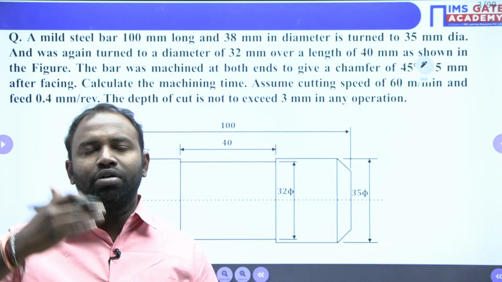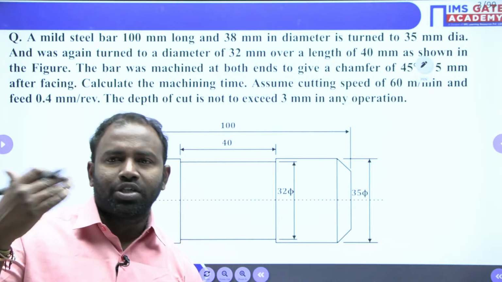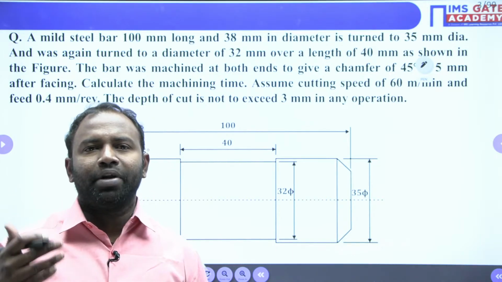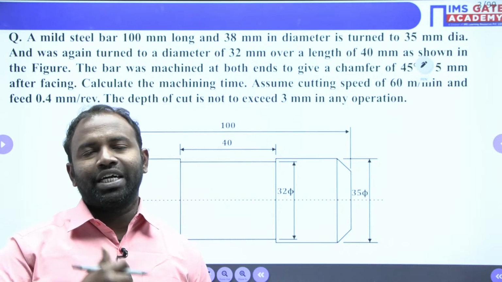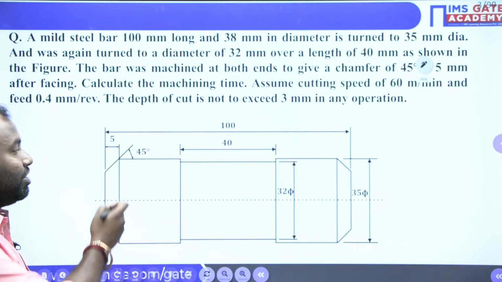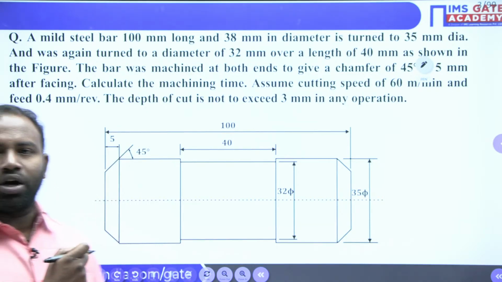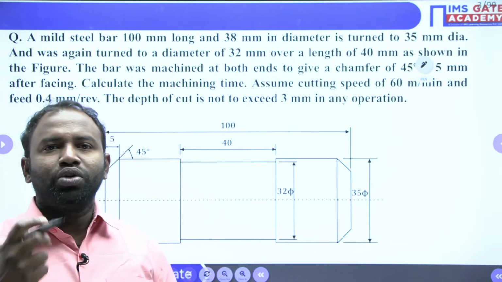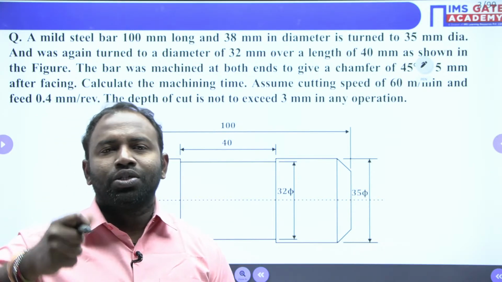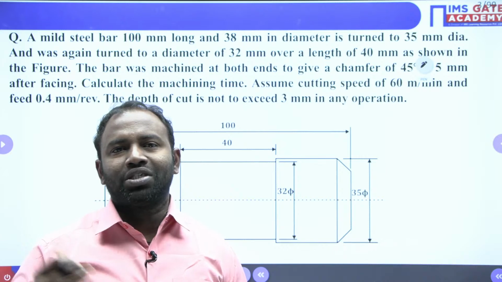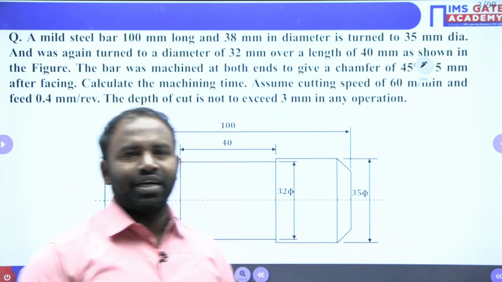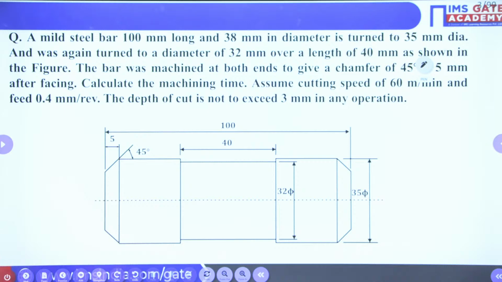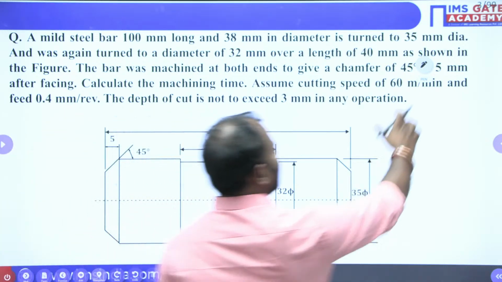For turning or other machine tool operations like lathe operations, we usually calculate the machining time, but here I have inserted five operations in one job so that you get some tricks in the question, which will clear your doubts and your approach towards the problem. Now let us have a look at the question.